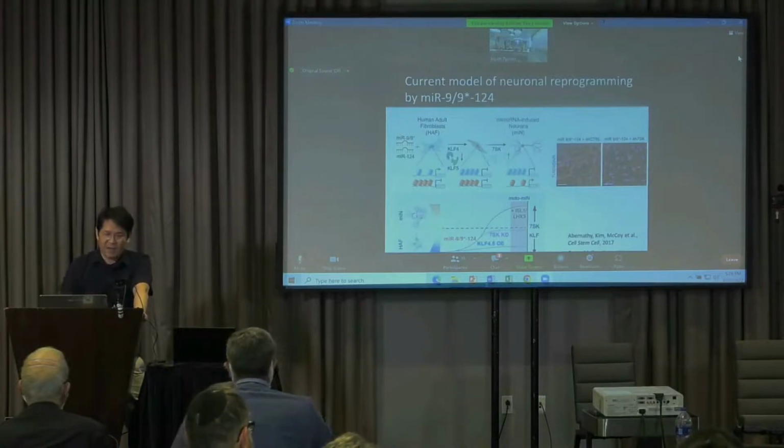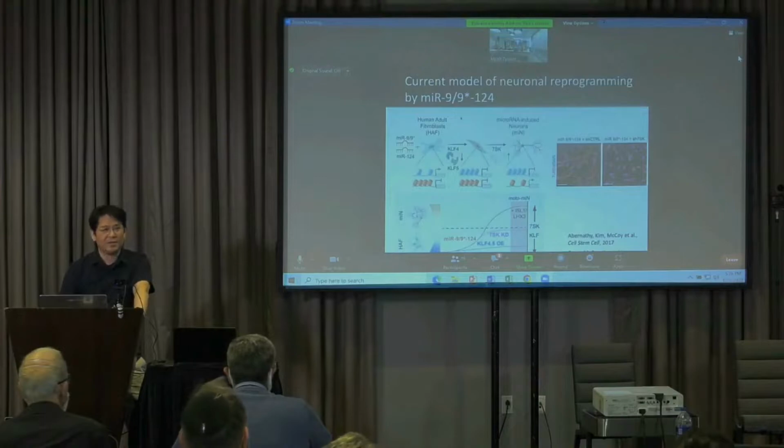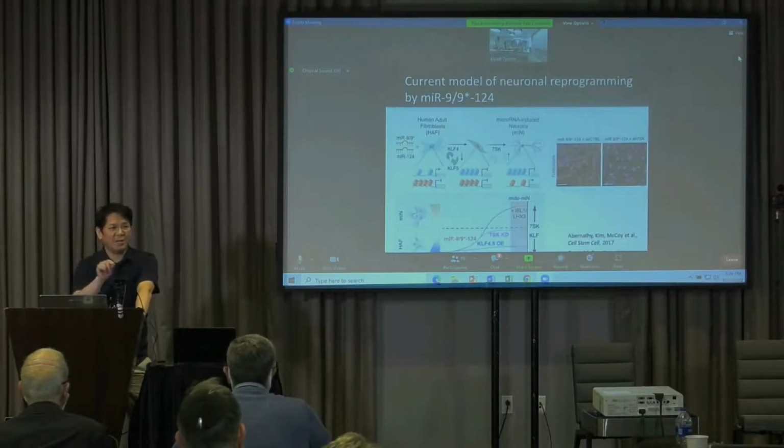After that, the chromatin opens up, usually at neuronal genes, so that they can be activated. So we call this the microRNA-induced neuronal state, which happens in a sequential pattern. From the starting fibroblast, microRNAs go in, they erase the fate first, then after that, the neuronal program kicks in.